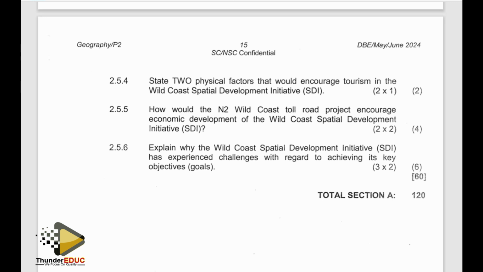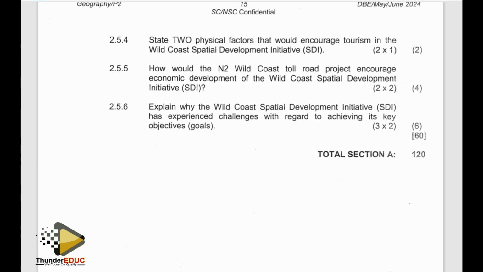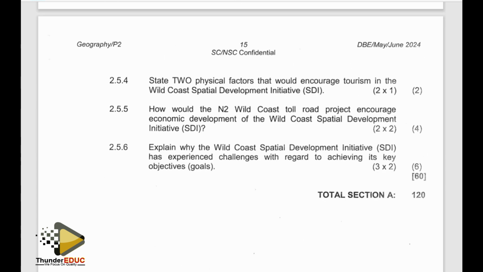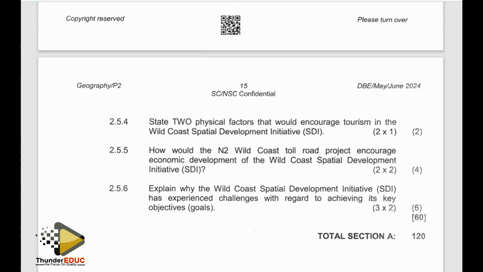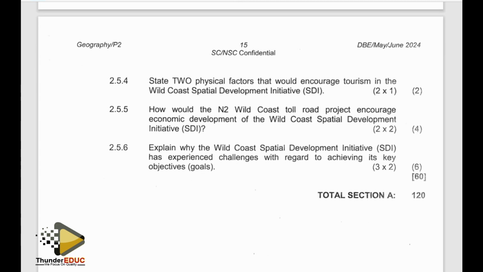We can also argue the case of maladministration by the government, whereby we tend to find that maybe some funds which will be allocated towards the realization of positive results from the SDI are misused or channeled towards personal use, and that is going to affect the rate at which we are going to realize our positive results from the initiative.